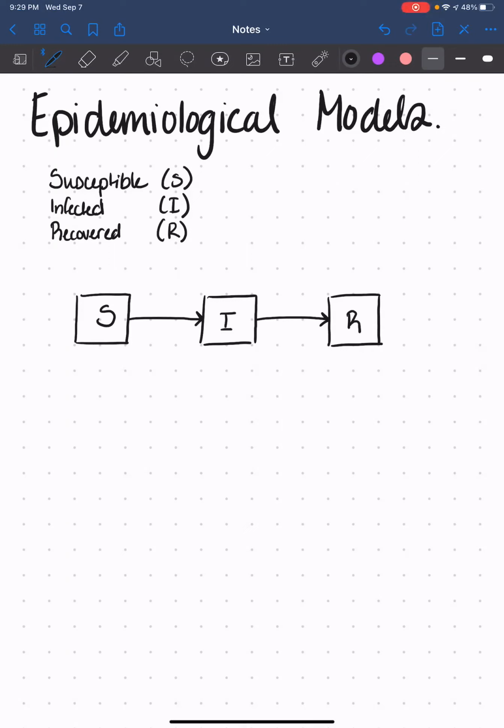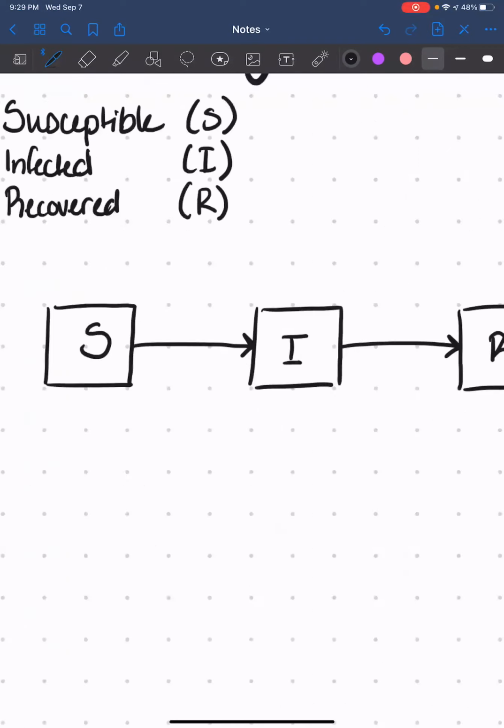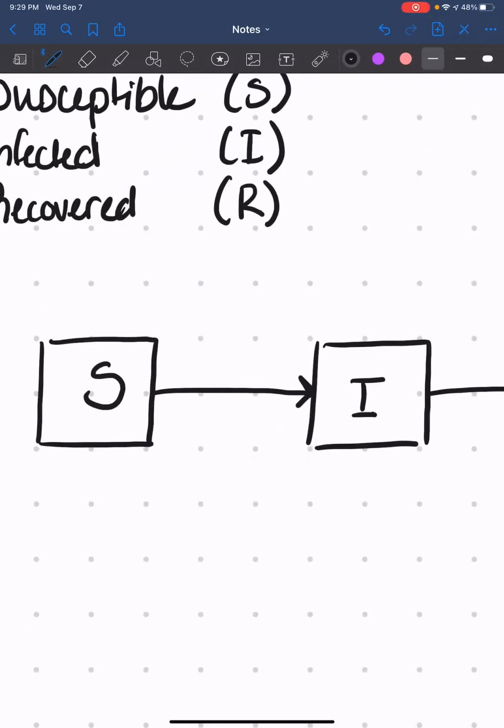And then we want to think about what the rate is going to be for each of these arrows. So for our first arrow, which is the rate of infection of susceptible people, we're always going to say that we have some rate constant, which we're going to call Ki for K infection. And then we want to think about what this is going to be proportional to.